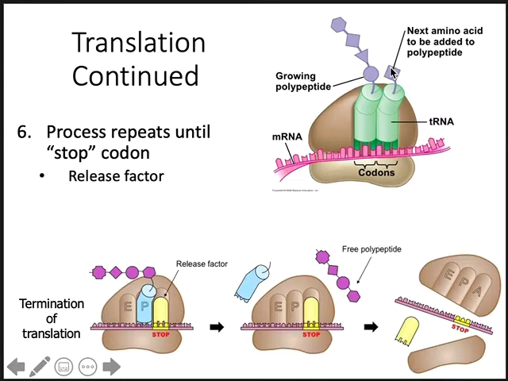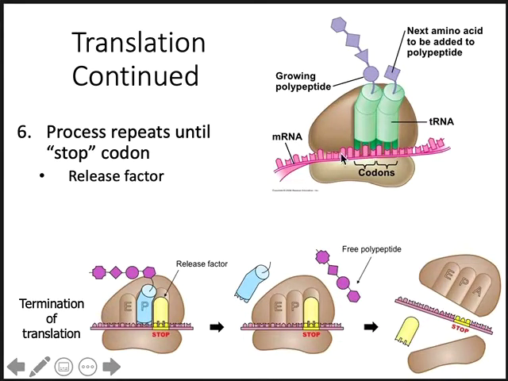They have an amino acid attached to them. They bind, and the anticodon is the green portion of the tRNA, and it will have complementary base pairing with the codon. So we call it anticodon and codon, right? And that's how you bring in the correct and specific amino acid.